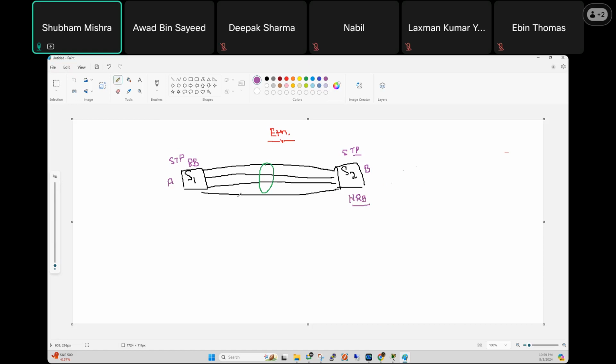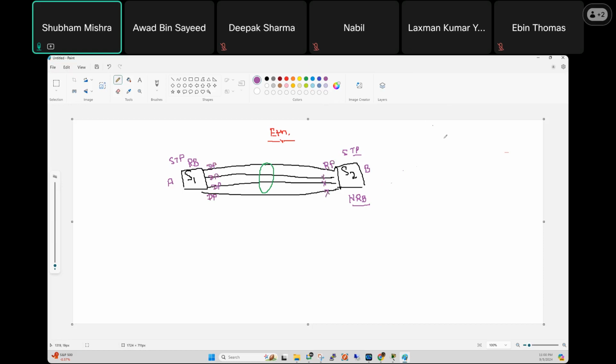We already know, right, everyone? So this port is the DP, this port is the DP, this port is the DP, and this port is the DP port. Yes or no? Now, come to the non-root bridge. On the non-root bridge, one port will become the RP port and all the rest of the ports are blocking ports. Yes or no? Everyone?